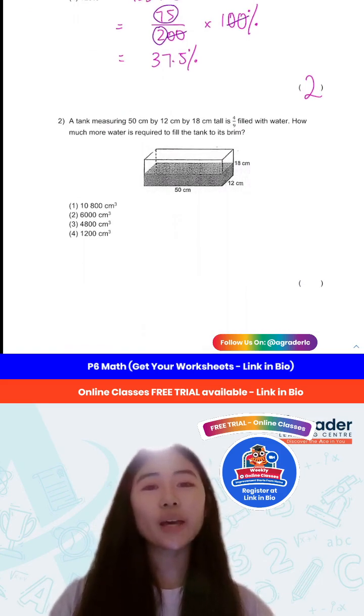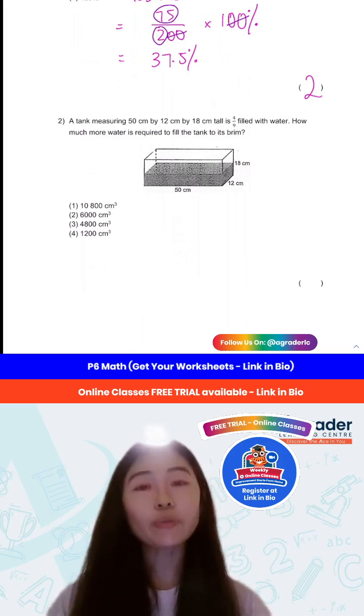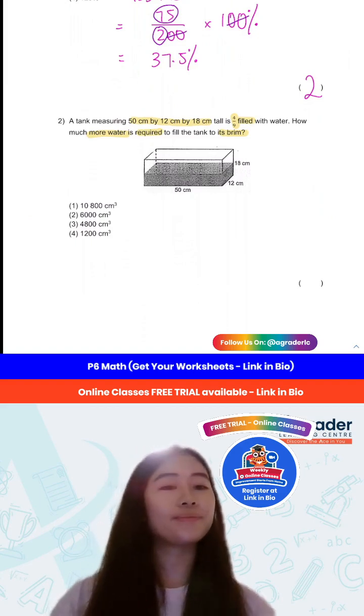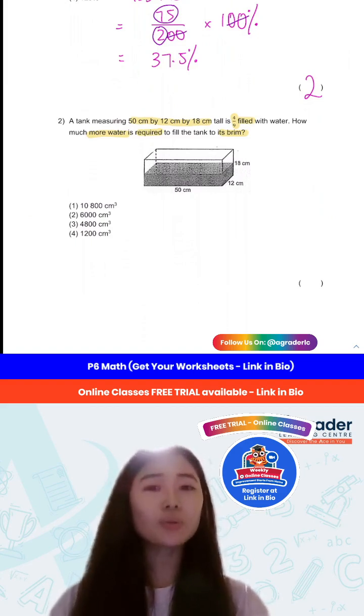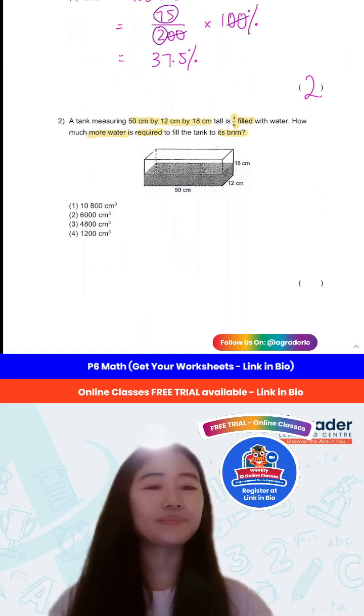Next question, we have this volume question over here. I've read the question for you. A tank measuring 50 cm by 12 cm by 18 cm tall is 4/9 filled with water. How much more water is required to fill the tank to its brim? You need to take some time to do the calculations, unless you've already done the worksheet beforehand.